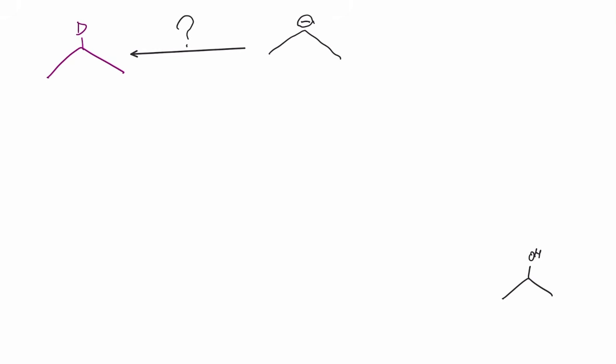When you are asked to create a negative charge on a carbon in an organic chemistry synthesis problem, you are more than likely working with a Grignard reagent. Now, I say this is essentially equal to this because of the charge on this carbon being equivalent to the charge on this carbon.